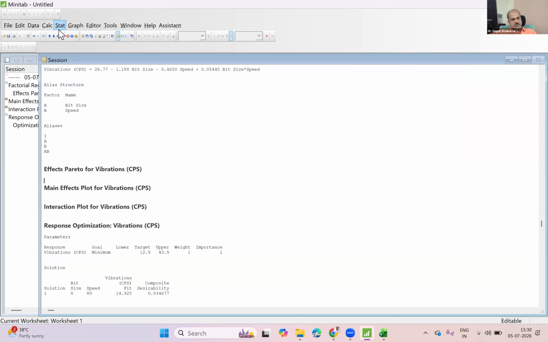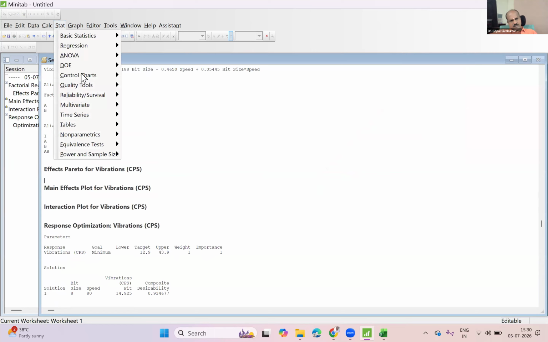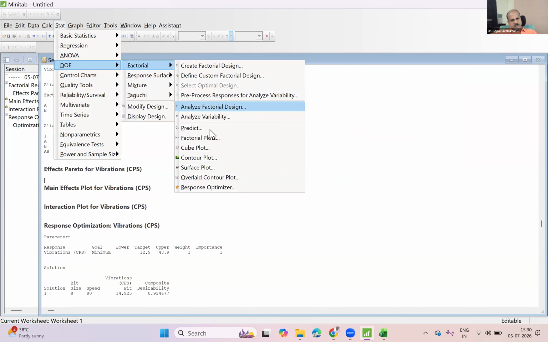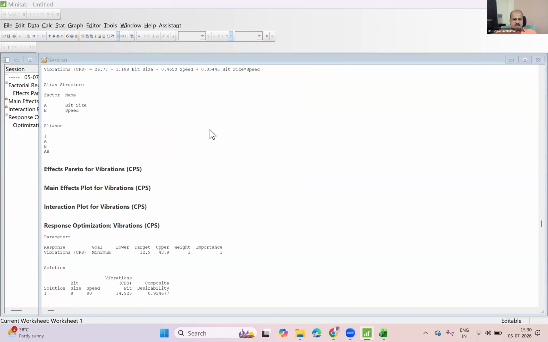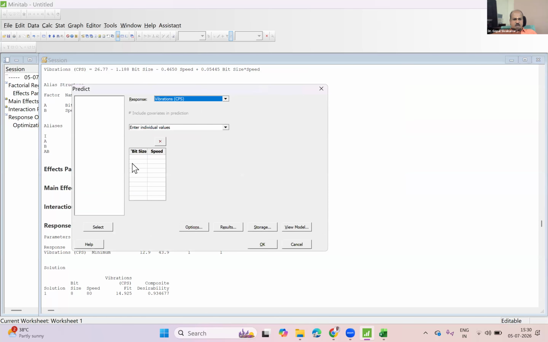So now I go to Stat, go to DOE, Factorial. Let me predict what I want to predict. What is the optimum bit size? We understood 8. What is the good speed? 80.